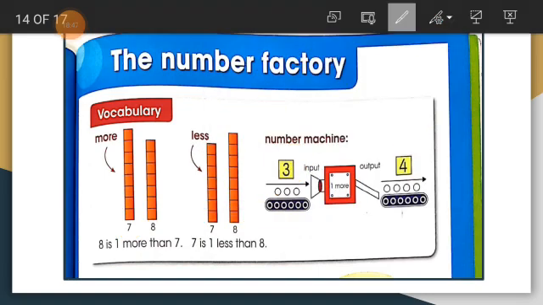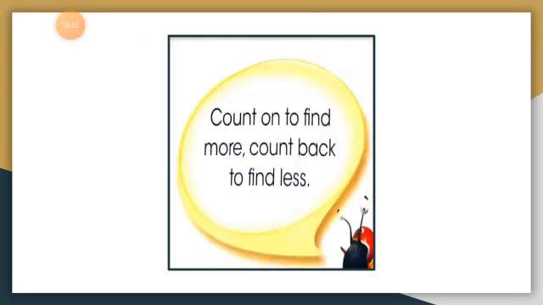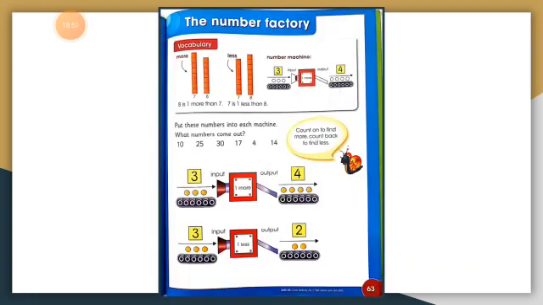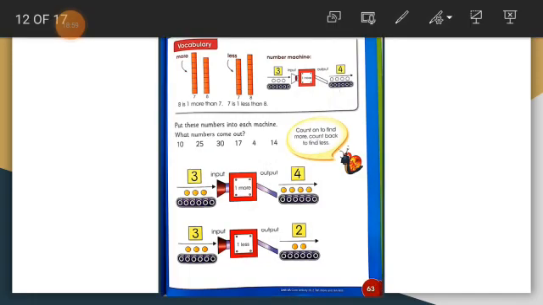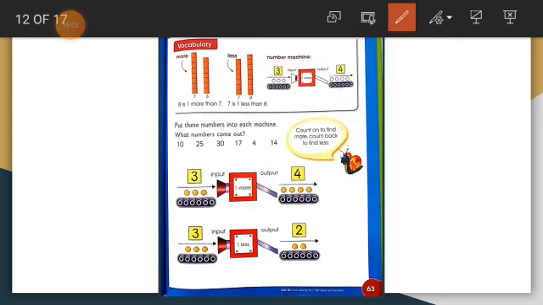Let me erase this work now. First of all, move to page 63. Let's find out this question with me. Then at the end I will show you the full solved page. Okay, look at this question.